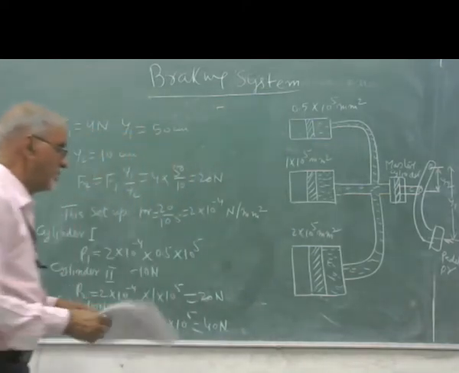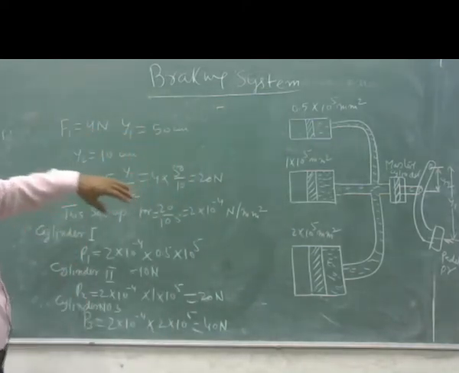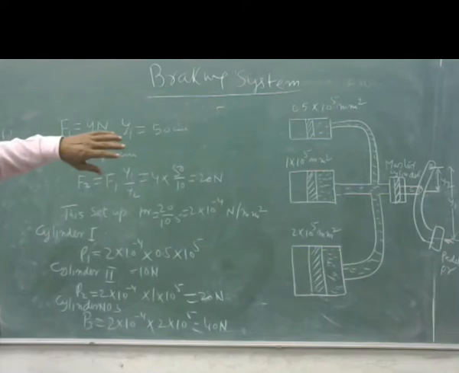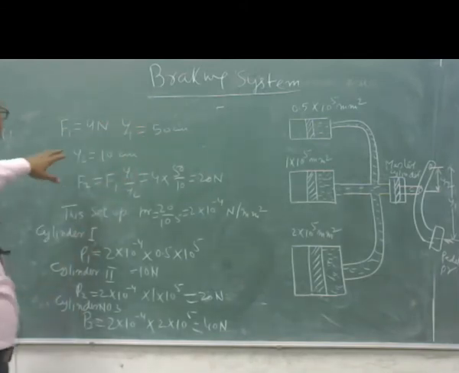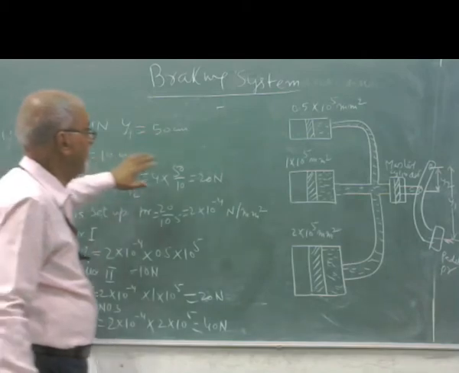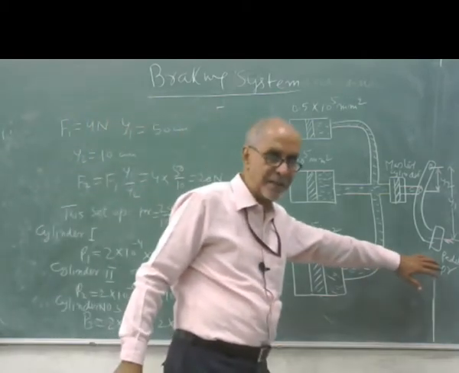Okay, so you just see the pressure, the force which is coming on the different cylinders is proportional to the area of the cylinder. I have taken 4 Newton force which is being applied on the paddle.